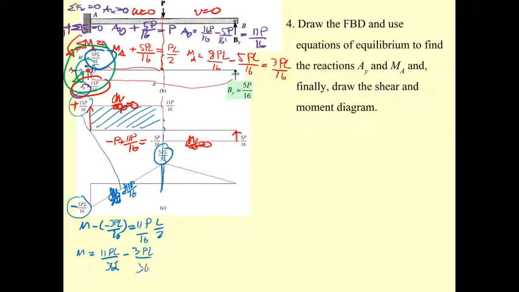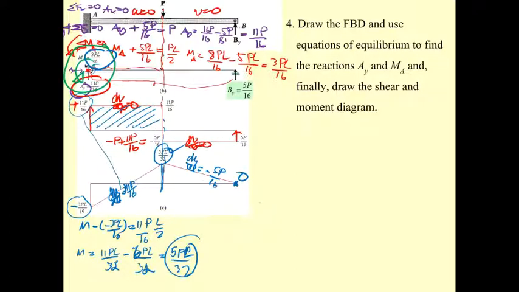This is 32, and this is going to be changed to 6. And you have this one for 5PL over 32. It's going to be positive. And then dM/dx is equal to minus 5P over 16, and then you get this for 0.